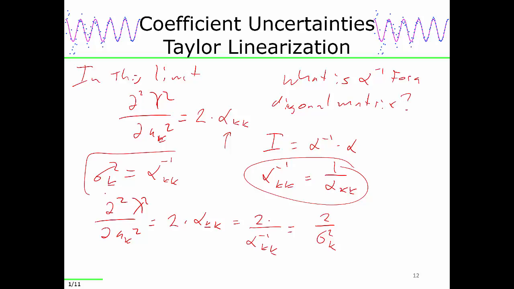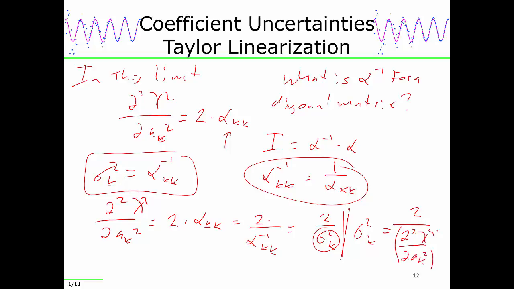And the uncertainties are given by the diagonal elements of alpha inverse. So the uncertainty in parameter k is, if I solve for this, sigma squared k is equal to 2 over the second derivative of chi-squared space. Which should be satisfying, because that's kind of what we were hoping to get from the previous derivation.